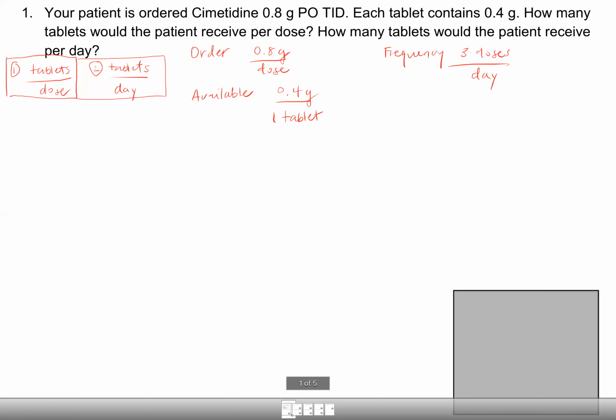So the way that we're going to figure out question 1 is we want to know the equation order times available, keeping in mind your units. So as you can see, when we multiply order times available, we can automatically see we can cancel out the grams, and we just need to make sure that we have tablet in the numerator, dose in the denominator.